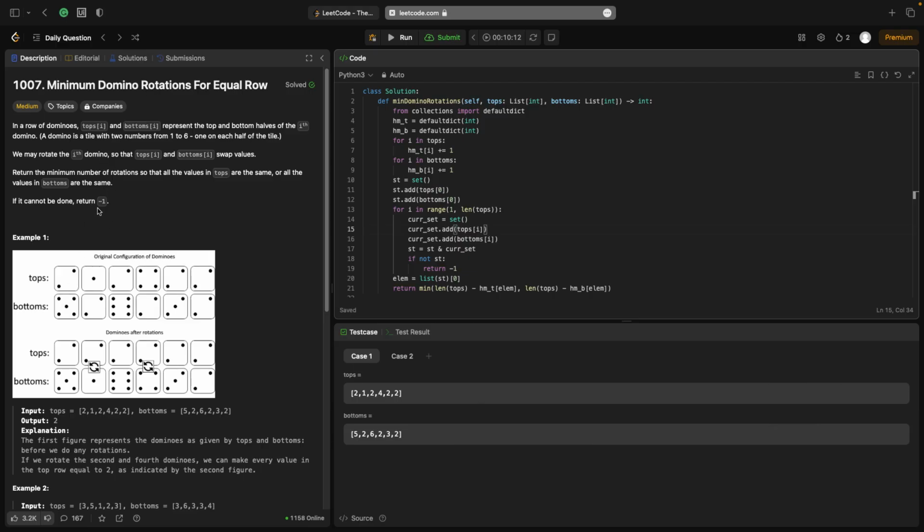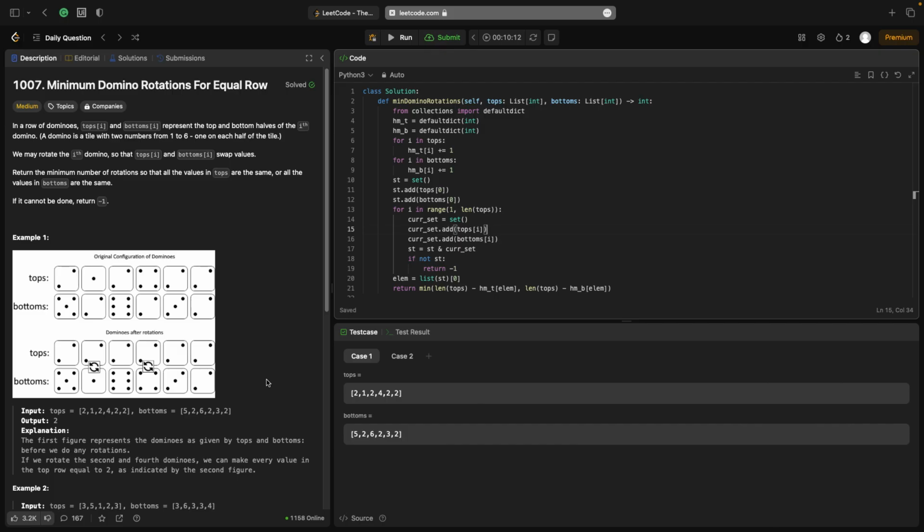Once you figure out that logic, you quickly realize that it's possible for there to be two values. In the best case scenario, there could be 2 rows where the values are the same. For example, this could all be 2, this could all be 1.